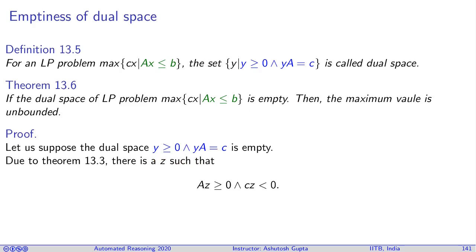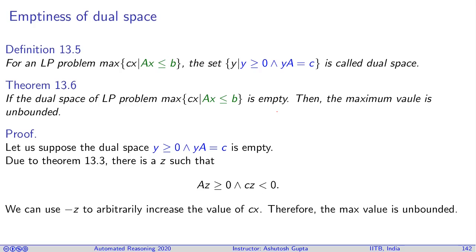Okay, if this is empty, then due to theorem 13.3, there must be some z such that Az is greater than or equal to 0 and cz is less than 0. That is what we had proved. So because of that, you can always find a z, by subtracting which we can increase the value of cx as much as possible.